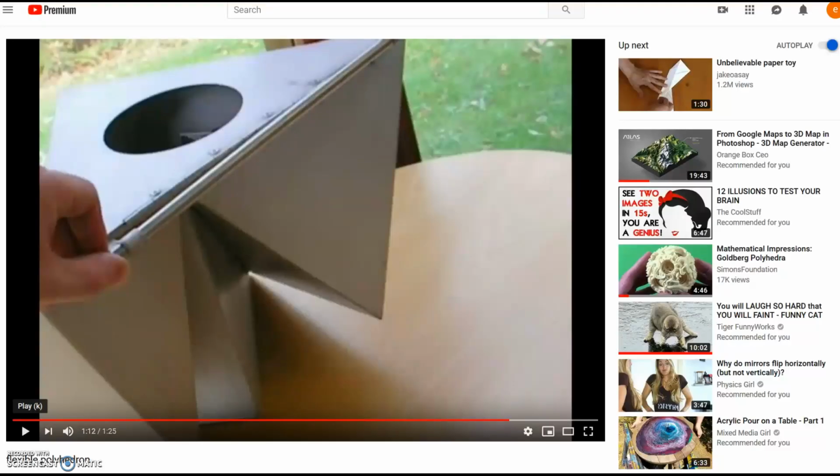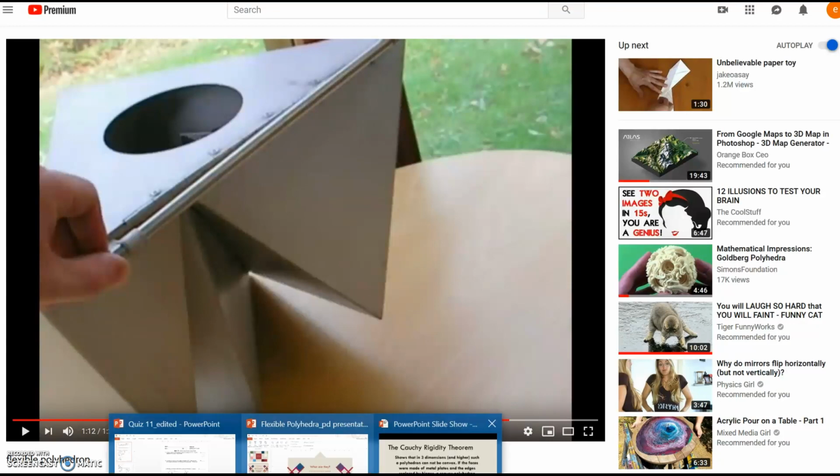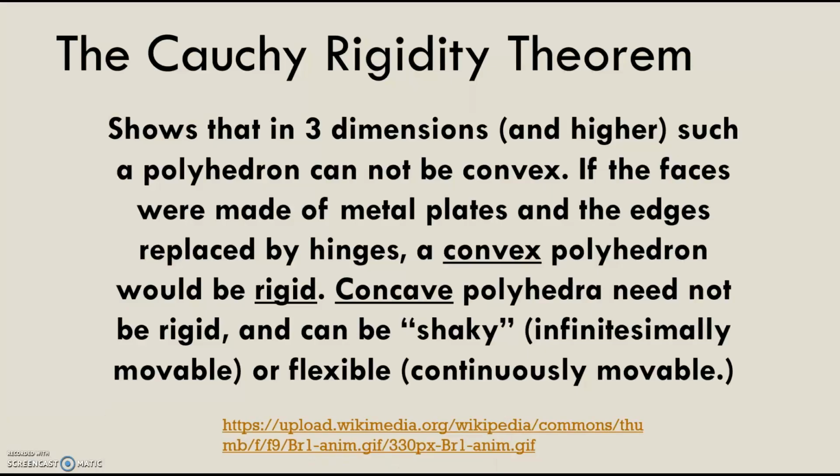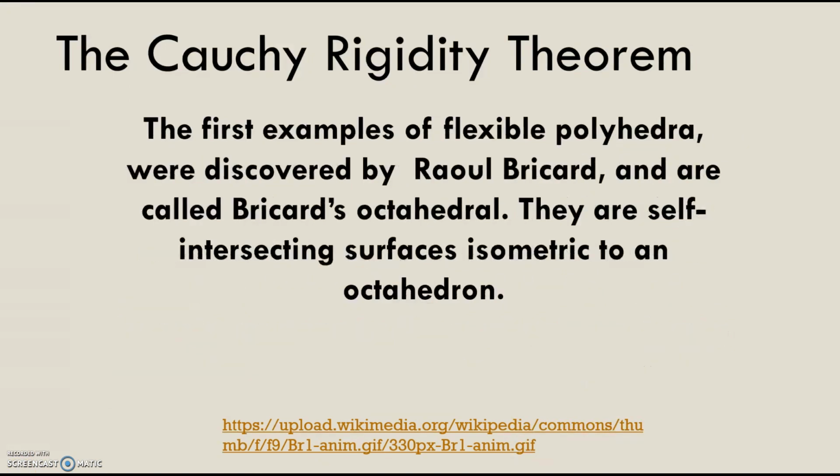And so the very first examples of flexible polyhedra were discovered by Raoul Bricard, and they're called Bricard's octahedra, and they are self-intersecting surfaces like the one that we just looked at, and they're isometric to an octahedron.